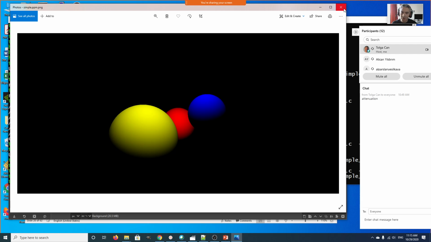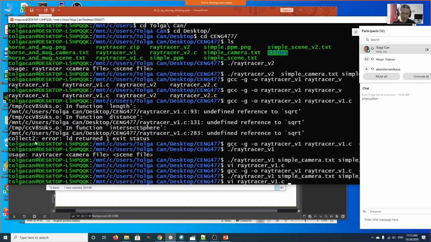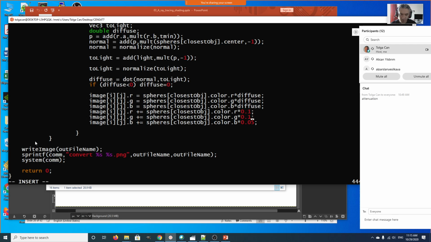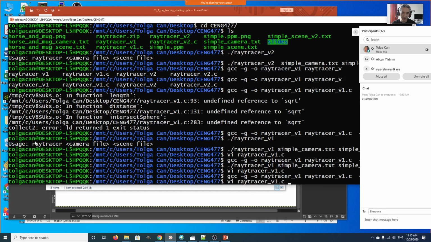Now, I'm going to add the ambient component to this color, and you'll see the effect. Let's have the ambient component a little bit larger, 0.1. When I do that, let me compile and run it again.